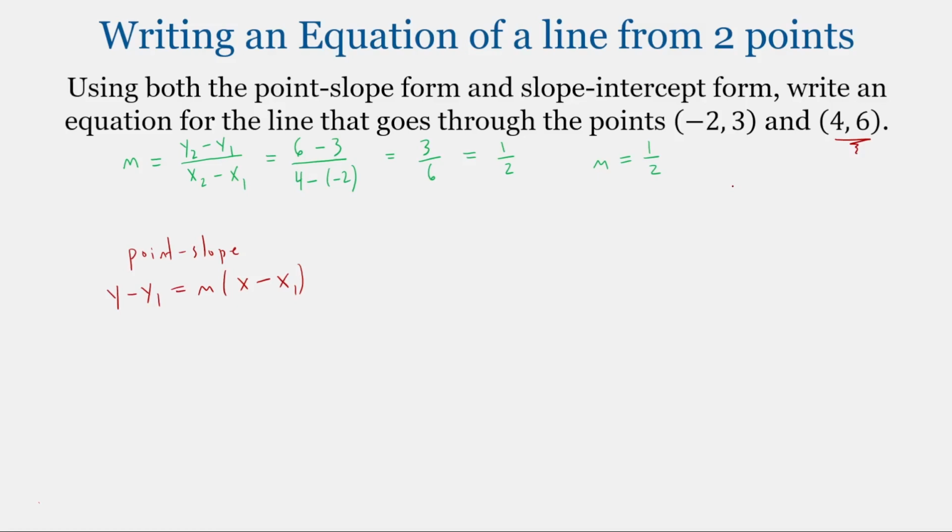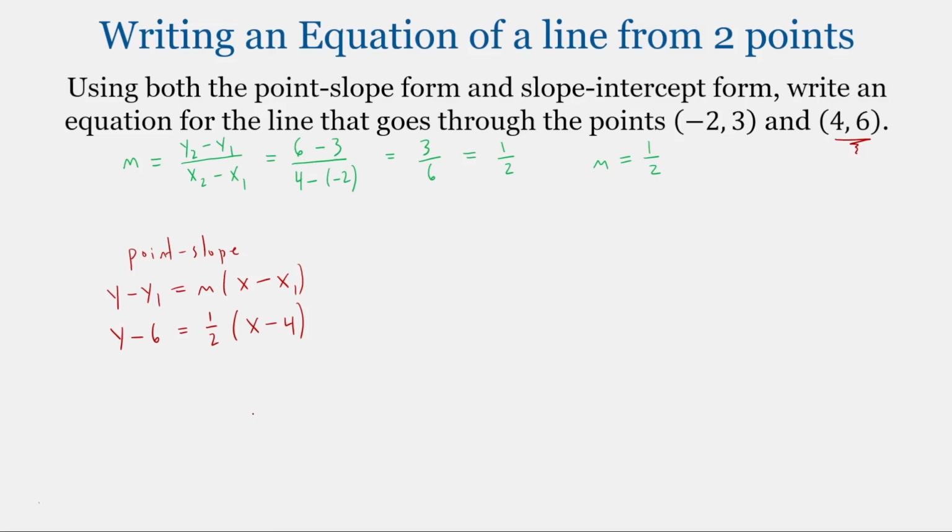That way I'm not subtracting negatives anymore, since both of those numbers are positive. This will give us y minus 6 equal to 1/2 times the quantity x minus 4. And so we now have an equation in point-slope form.